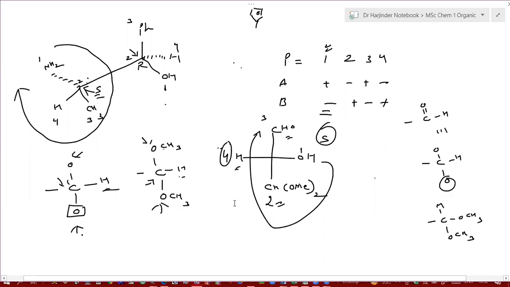So let's start with our next topic, which is compounds with one chiral center.